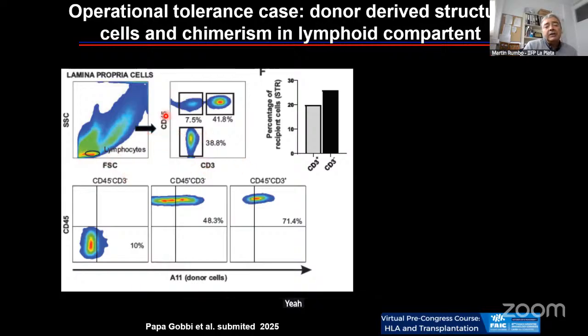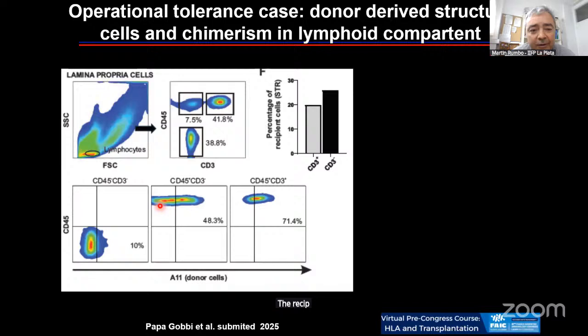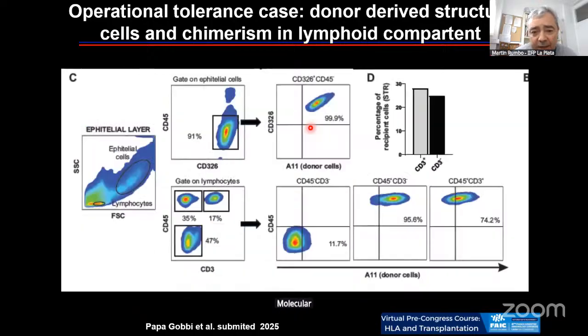and also using the same technology, or using a mismatch HLA antibody to see donor cells, we can observe that in the lamina propria there are two populations of hematopoietic origin, the recipient and donor cells, in the CD3 positive and negative compartment, and this is also confirmed by molecular biology STR analysis.